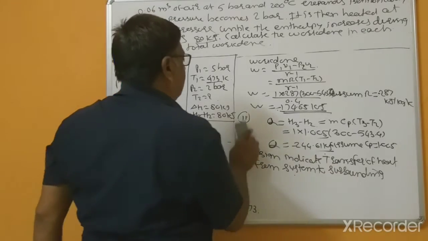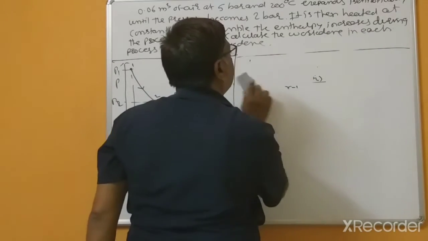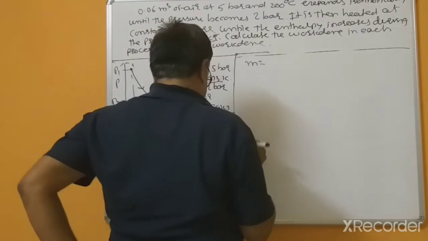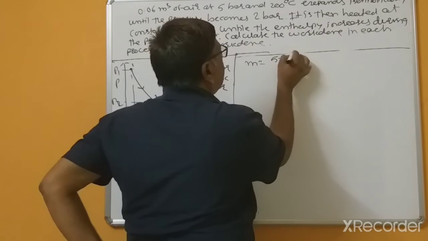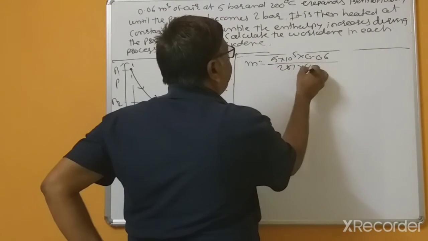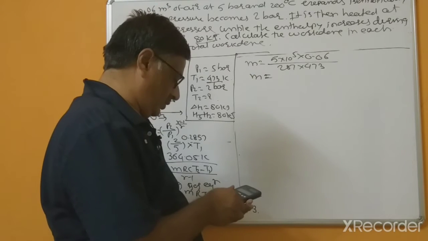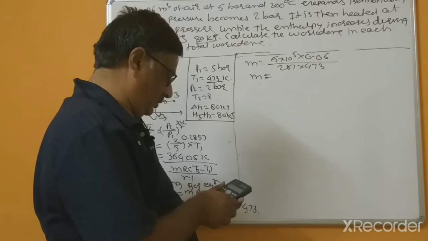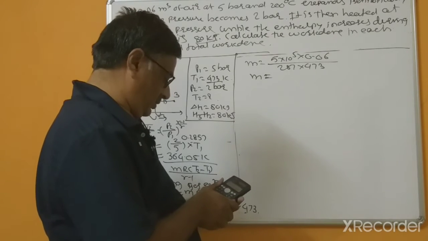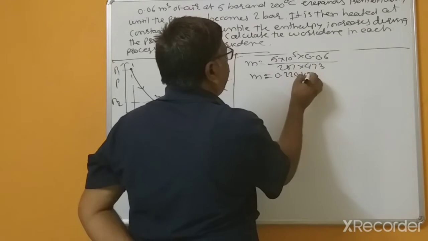So we'll calculate first the mass equal to 5 into 10 to the power 5 multiplied by 0.06 divided by 287, which is 0.220 kg.